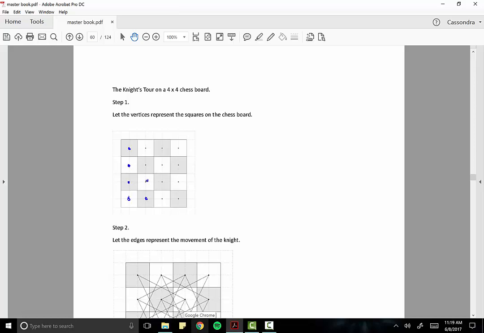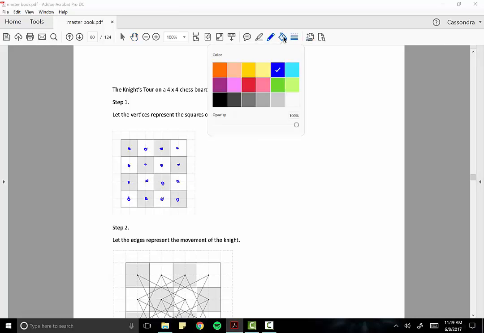Now, moving like a knight from any space requires L shapes. So from this spot to here is a possible move, and from this spot to here is a possible move.